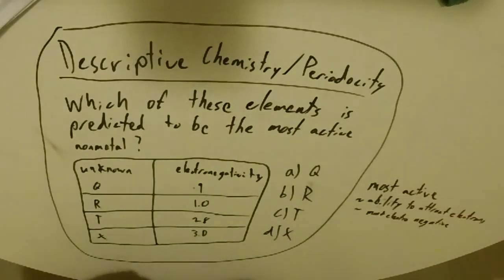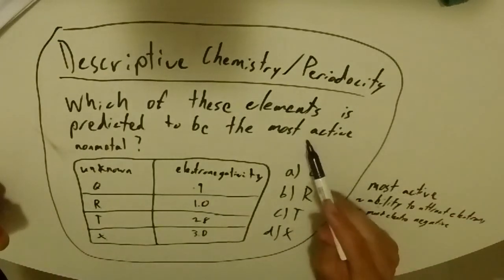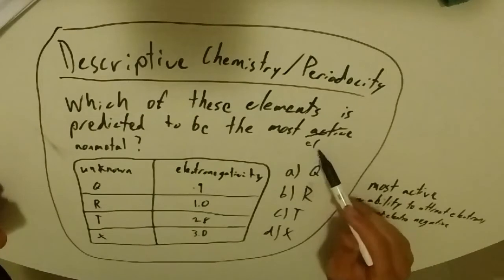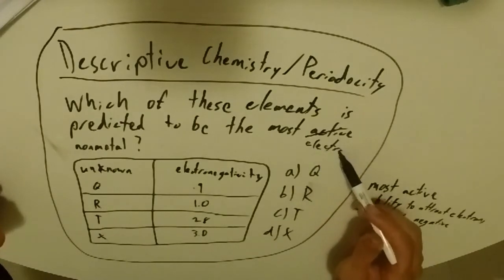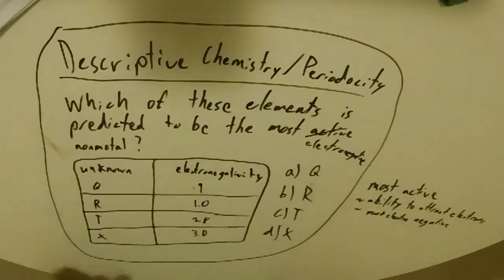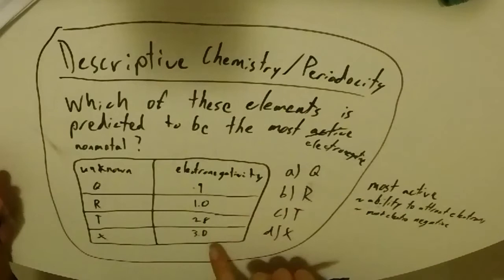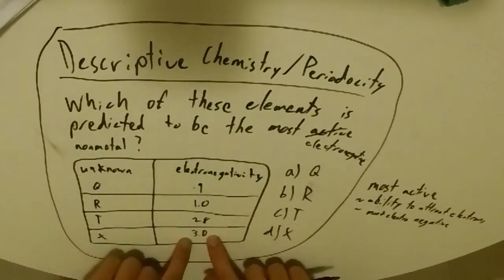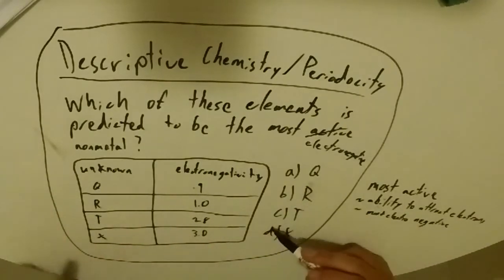So really you could just cross out active and put electronegative. It would give you the same answer. And the answer based on that is X, which has electronegativity 3.0. So your answer is D.